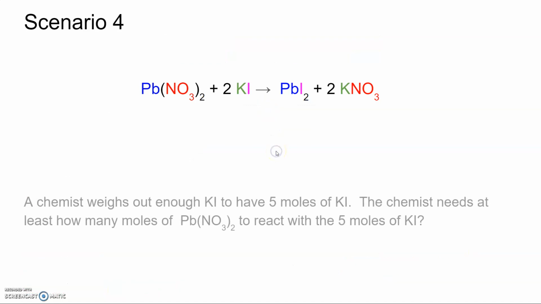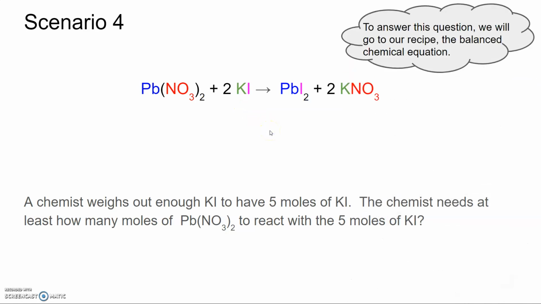Let's try this scenario. A chemist weighs out enough potassium iodide to have 5 moles of potassium iodide. The chemist needs at least how many moles of lead nitrate to react with the 5 moles of potassium iodide? Once again, we go to our balanced chemical equation and we look at the ratios from the coefficients.